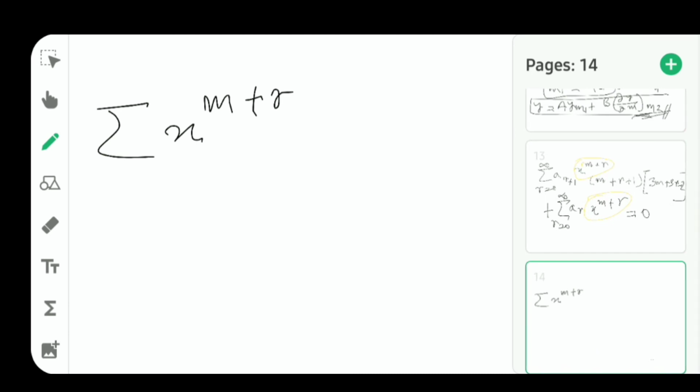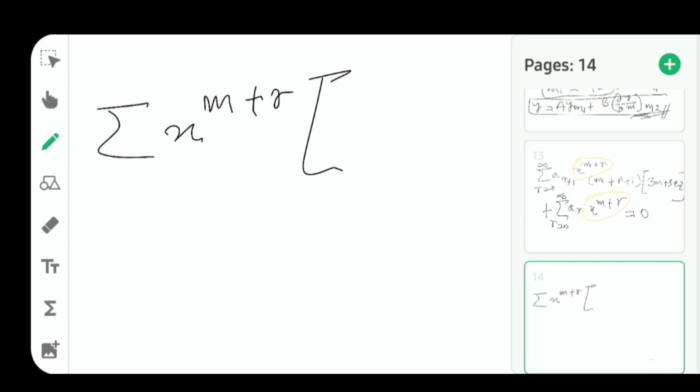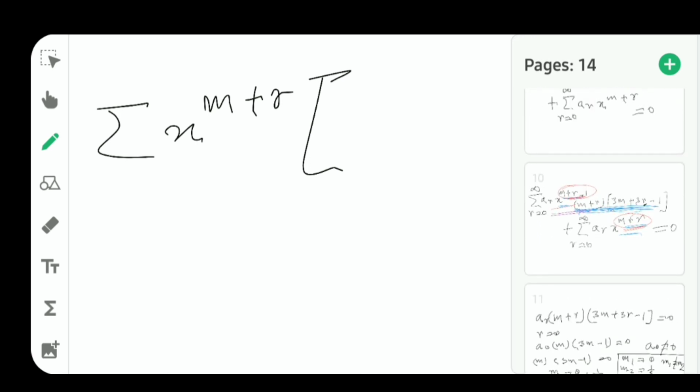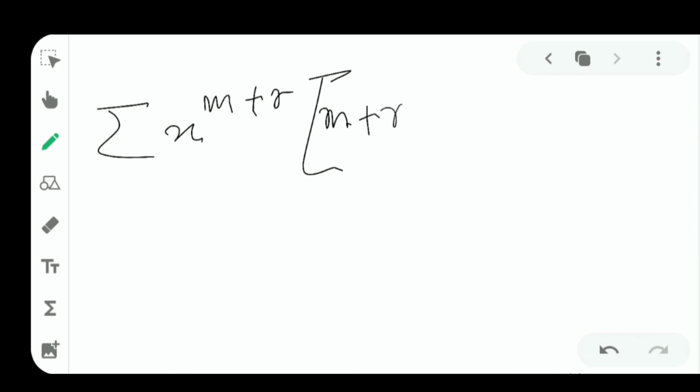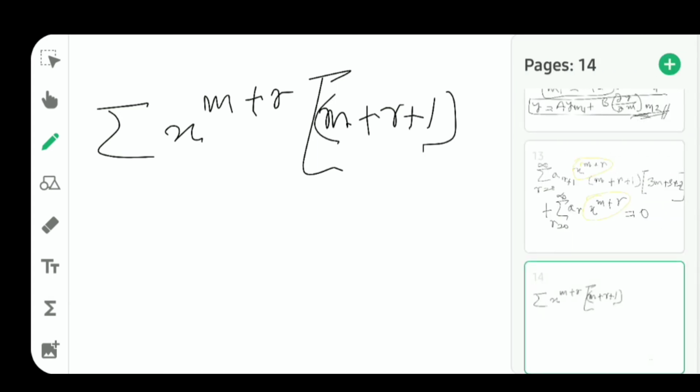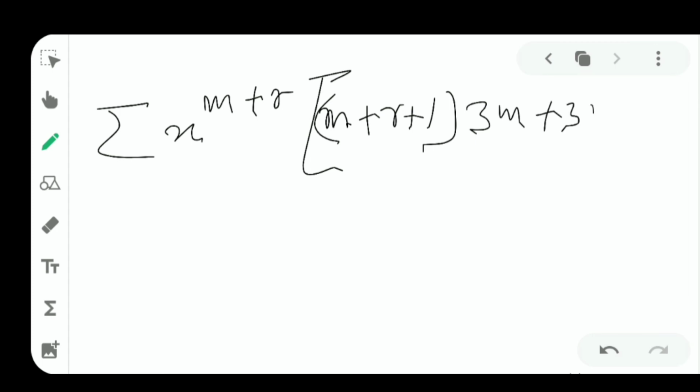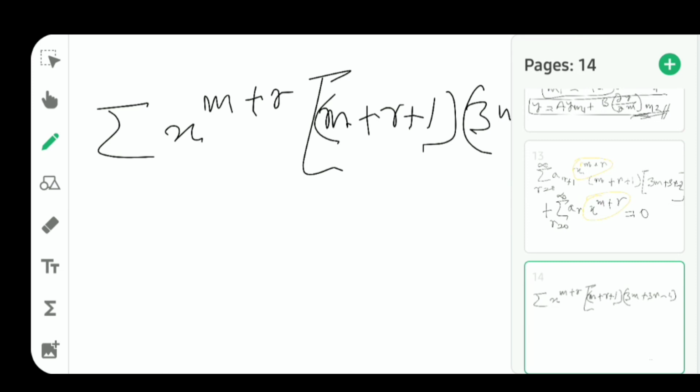If you take x to the power m plus r common, then we get summation x to the power m plus r, times (m plus r)(m plus r plus 1), plus 3(m plus r) minus 2, plus a_r, equals 0.